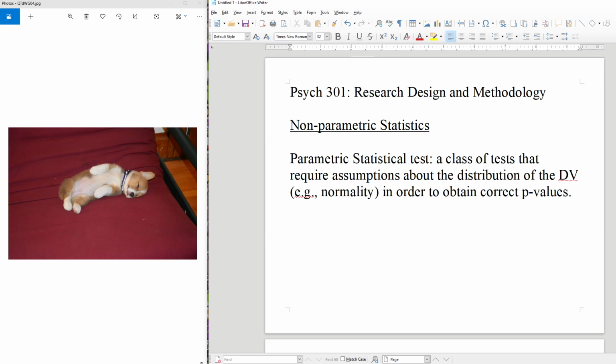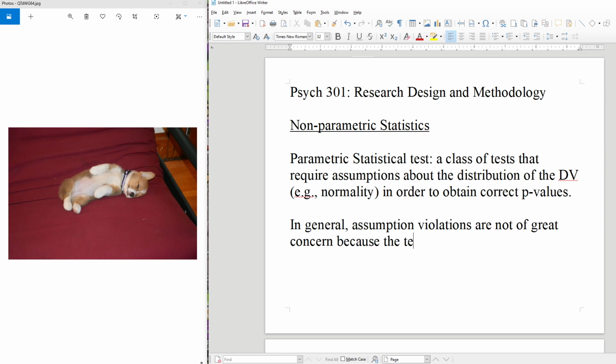Now, in general, we do use these tests, these T and F tests, and the reason is that, in general, assumption violations are not of great concern because the tests are fairly accurate even when the assumptions are violated.